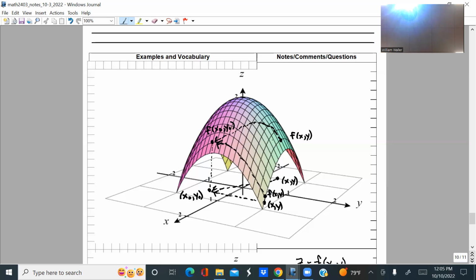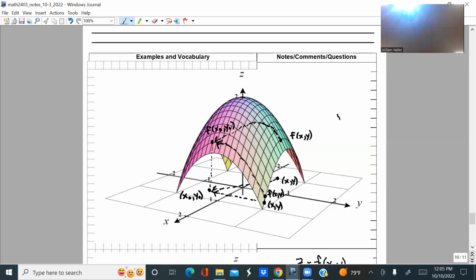Okay, so let these points on your xy plane approach your given point x sub 0, y sub 0. Now, compute the outputs from these points. So if you compute the outputs from all of these points approaching x sub 0, y sub 0 along this line, what are those outputs going to look like?